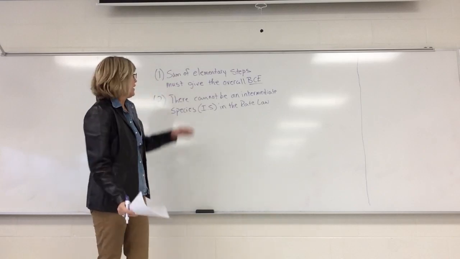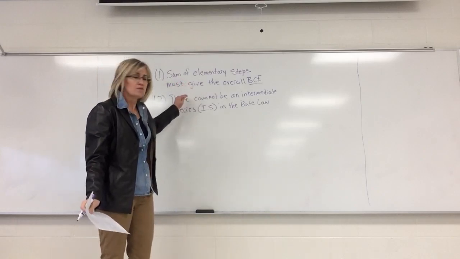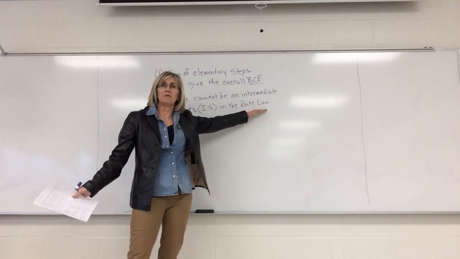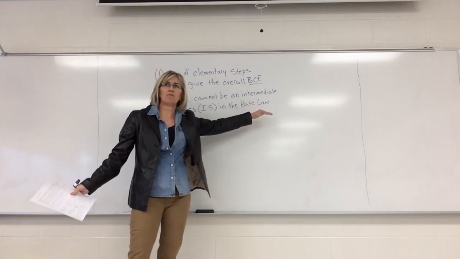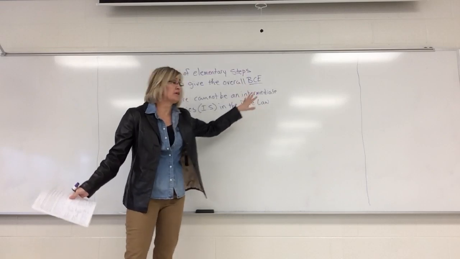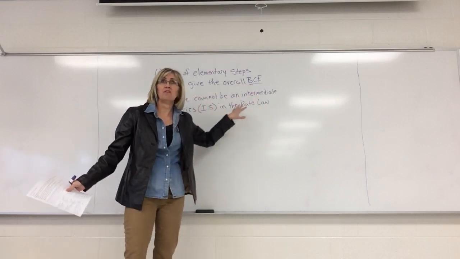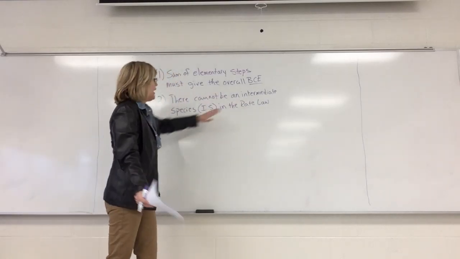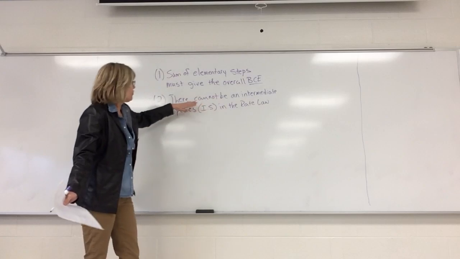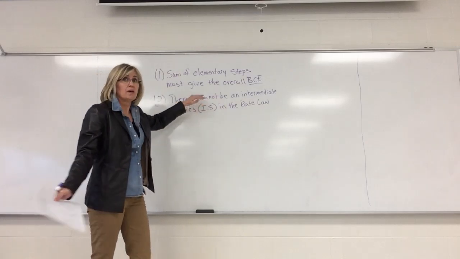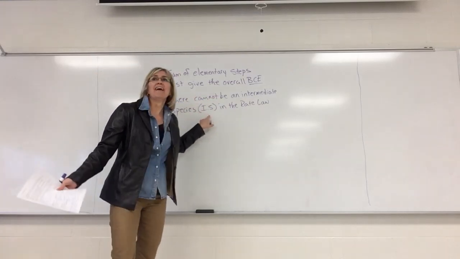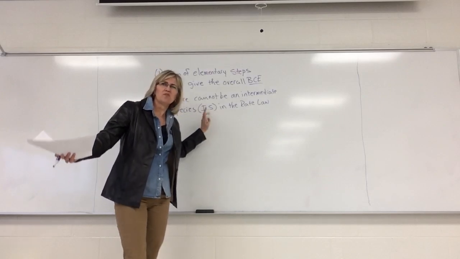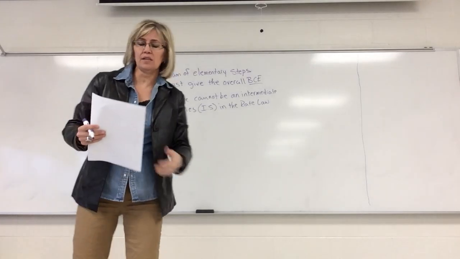These mechanisms are what are leading us to write an appropriate rate law. Remember how we said that we don't get our rate law from a balanced chemical equation? We're going to get them from these elementary steps of the mechanism. Now, in the rate law itself, we cannot use an elementary step that has an intermediate species. Well, what is an intermediate species? We'll discuss that a little later in context.